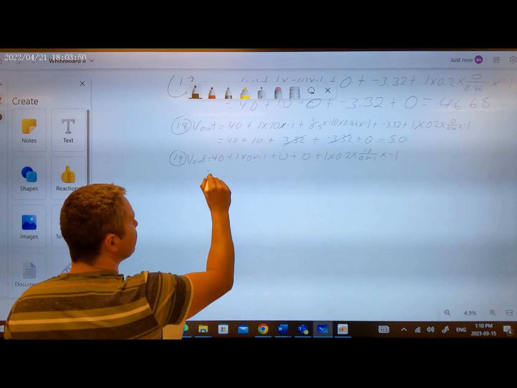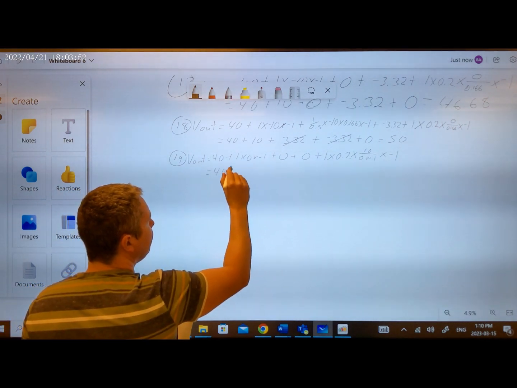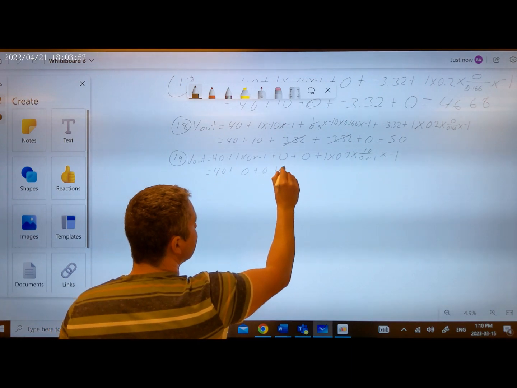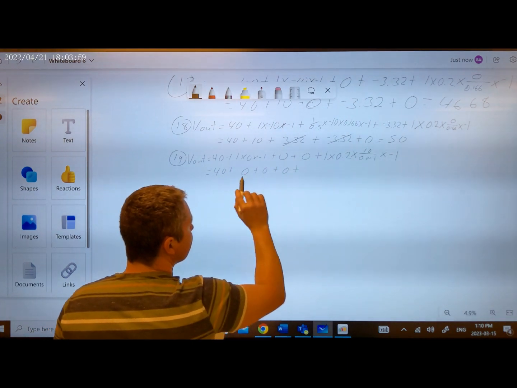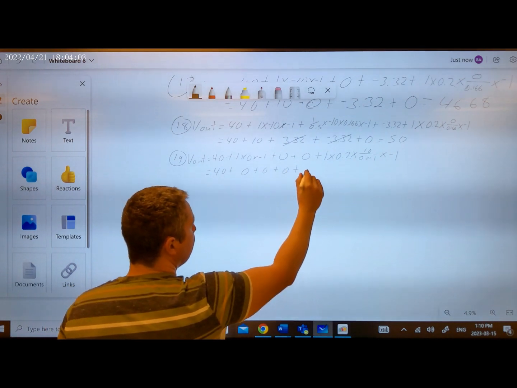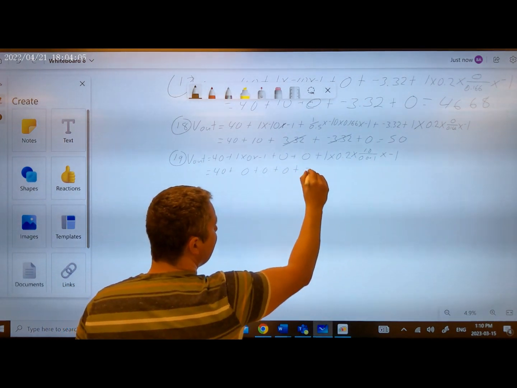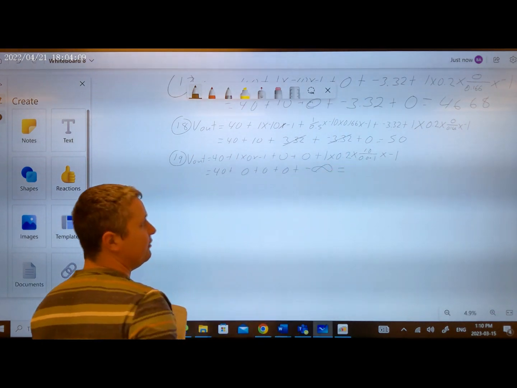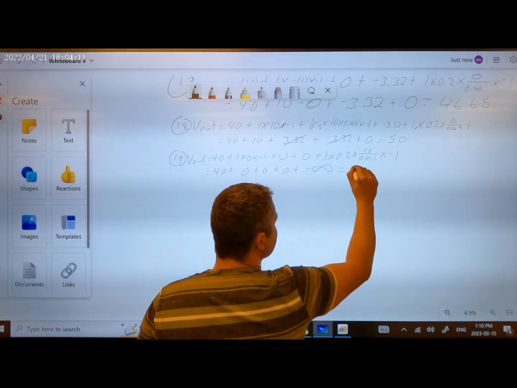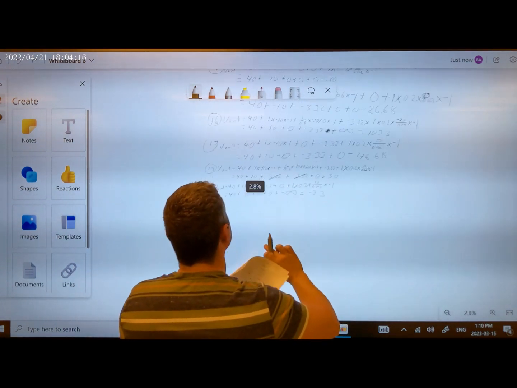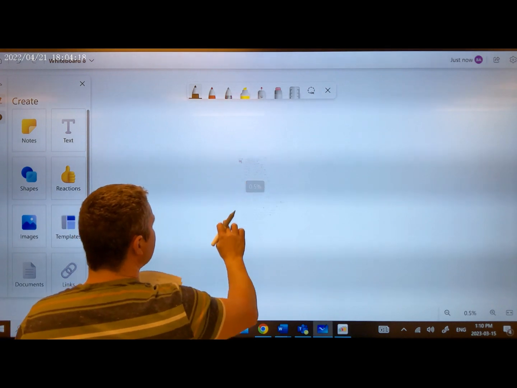So now it's going to go 40 plus 0 plus 0 plus 0, proportional, new integral, accumulated integral, plus negative infinity because of derivative, which gives us negative 3.3.